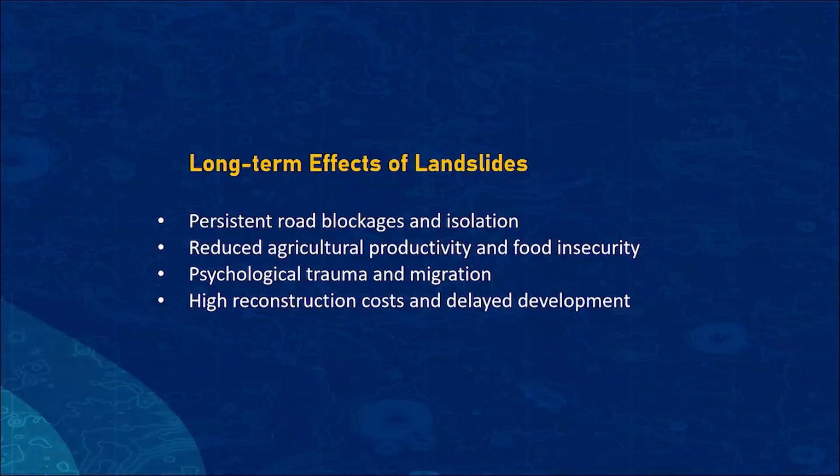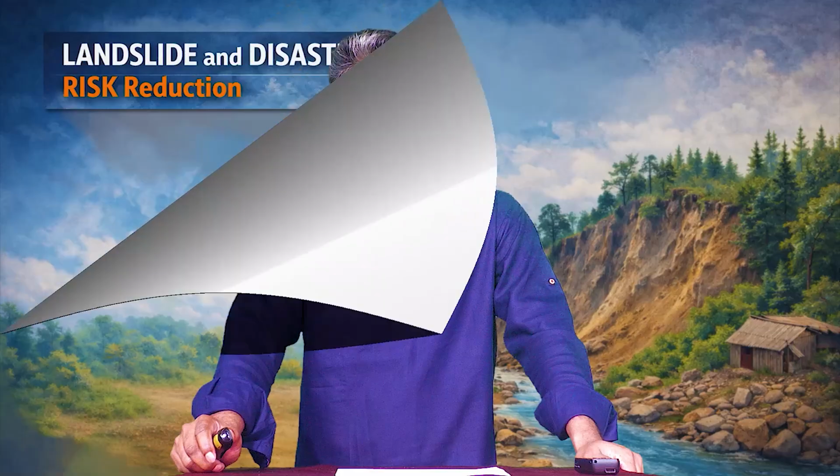High reconstruction cost and delayed development. Rebuilding roads, bridges, houses, and utilities after major landslides costs government and communities huge amounts of money. Hilly regions often face long delays in infrastructure projects, education, healthcare, and economic growth.